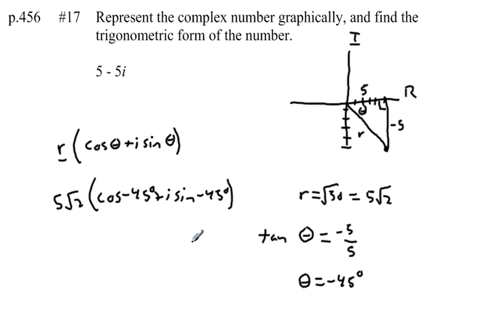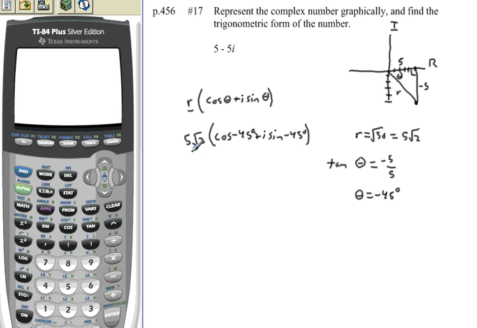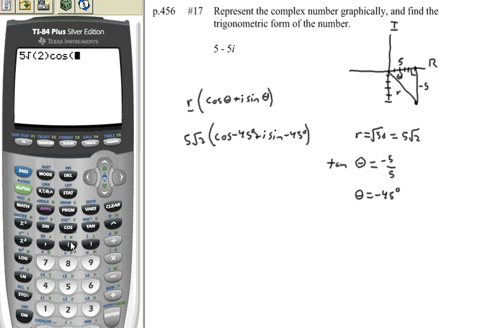Now if you want to check your work to make sure it's okay, you get out your calculator, and we can distribute this 5 square root of 2 times each of these quantities. So I can type in 5 times the square root of 2 times the cosine of negative 45 degrees. And there's my real part.